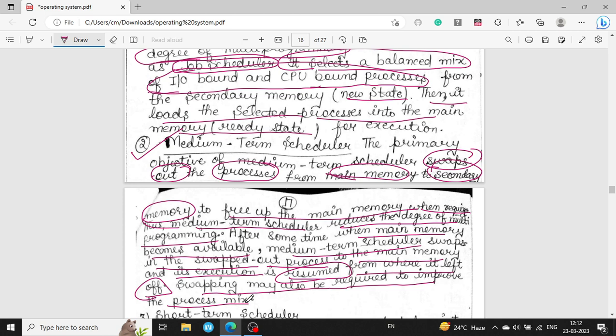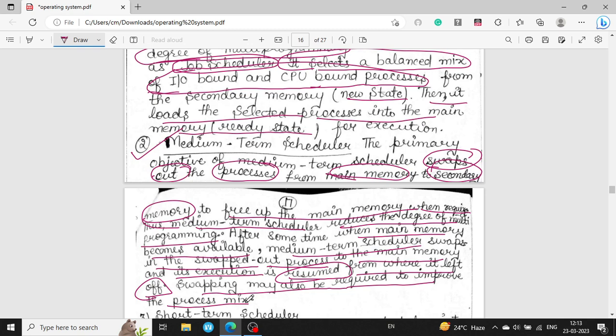The medium-term scheduler's main motive is to swap out some processes from main memory to secondary memory, so that main memory can be freed up when it is required, and it reduces the degree of multiprogramming.